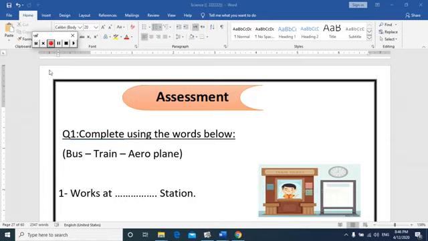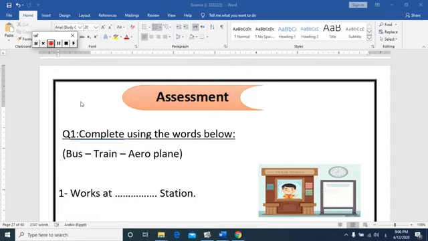Okay? In the first picture, train ticket and ticket agent, the person who sells tickets for trains. So we write here what? Works at station. Right here what?